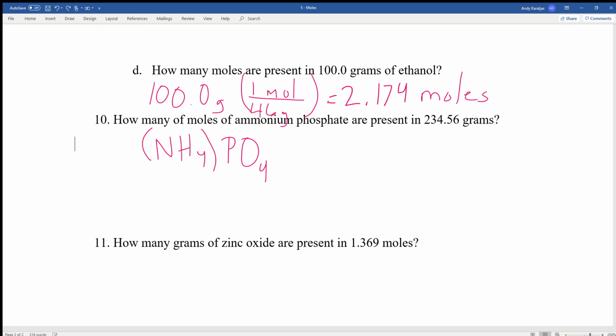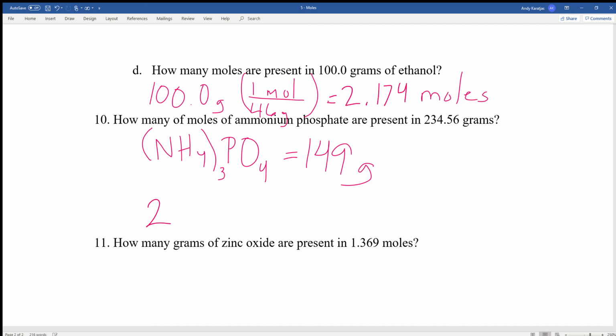So in order for our charges to balance, we need 3 ammoniums and 1 phosphate. And so we can go through and add up the masses of each of these elements. 14 for nitrogen, 1 for each of the hydrogens, making sure that we then multiply everything in the parentheses by 3. We get 31 grams for phosphorus and 16 for oxygen. So the total here is 149 grams.